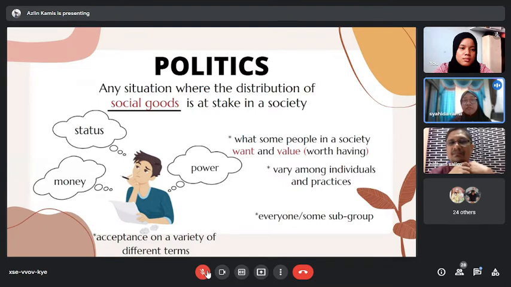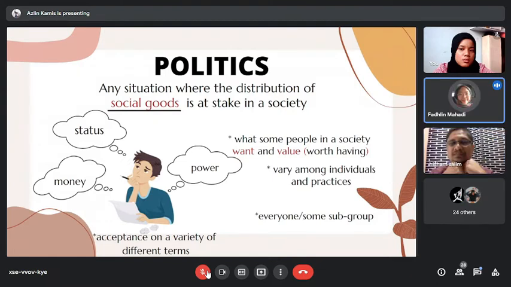So I think it's clear now to everyone, right? Fadlin, what do you get from the explanation just now? I understand from what Shahida said. It's like what the society needs. For example, a society that works in the library, the librarian, they want people to stay silent in the library.